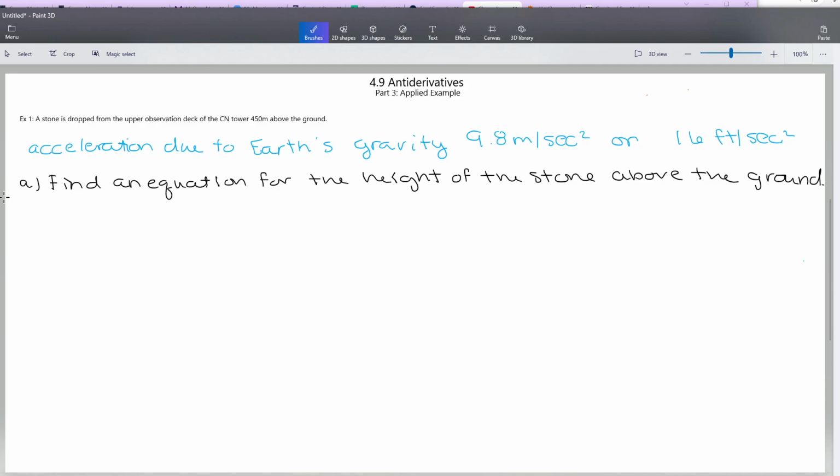We are going to talk about finding the equation for the height of the stone above the ground. So I want to review the relationship between acceleration, velocity, and position.